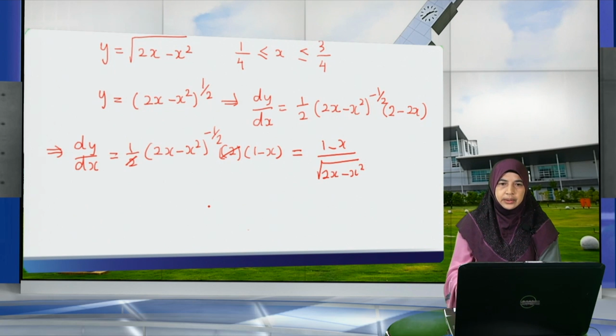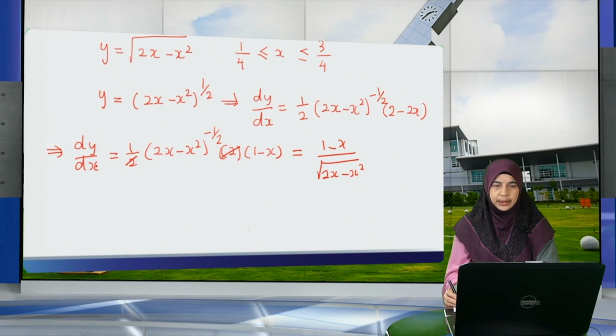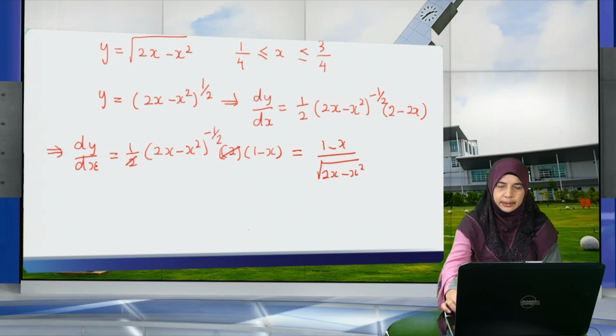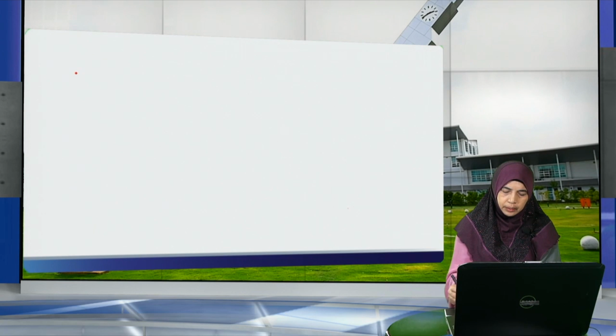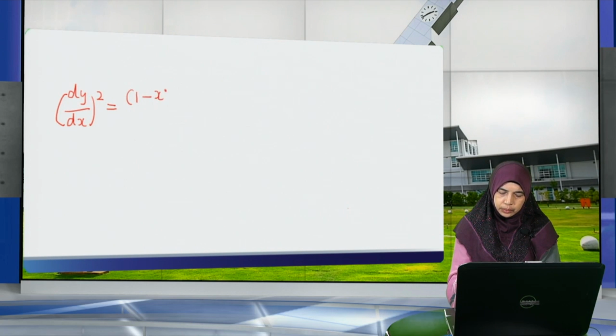Okay, so then we need to square this and add 1 to that. Let's look at that again. Just now we have to square the dy/dx. We squared the dy/dx and we get (1 minus x) squared, divided by 2x minus x squared.